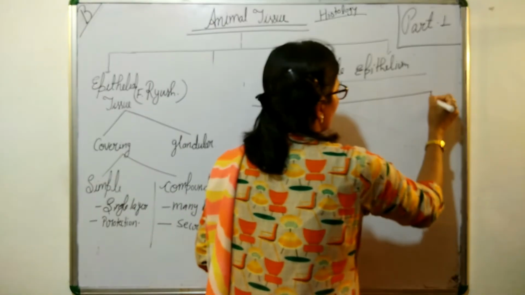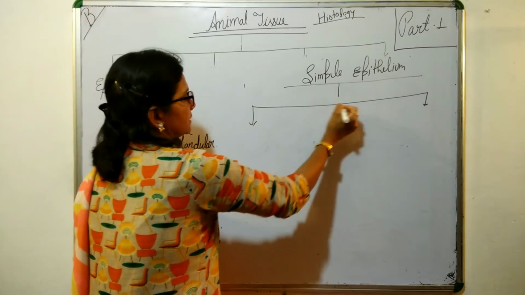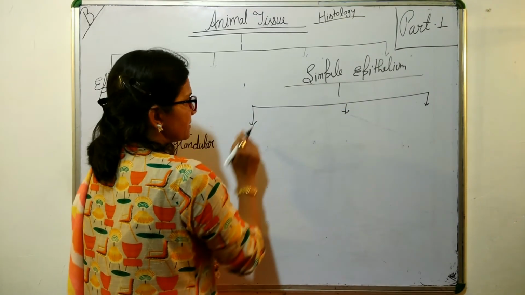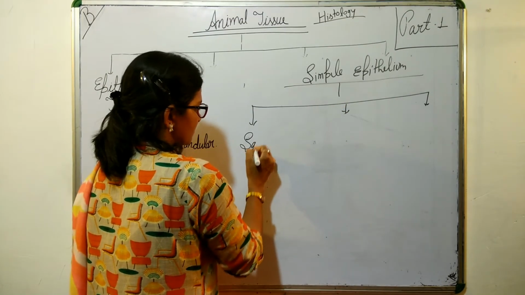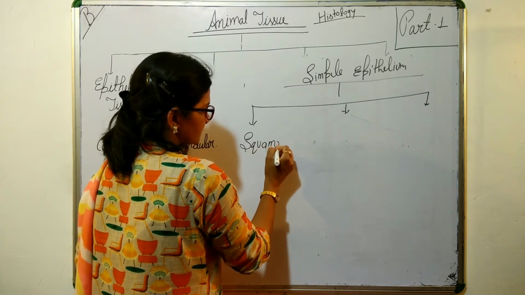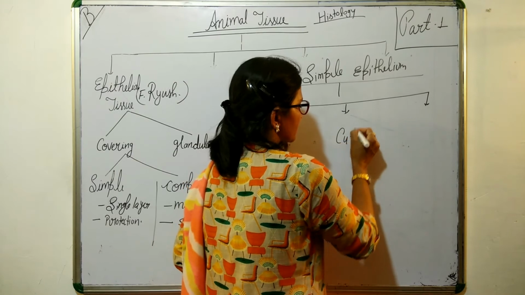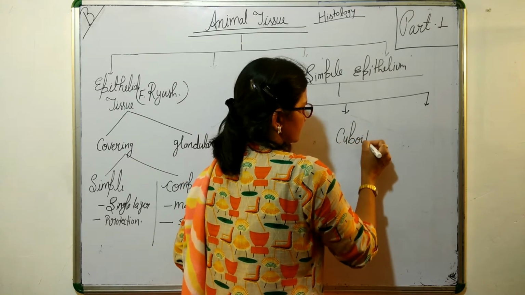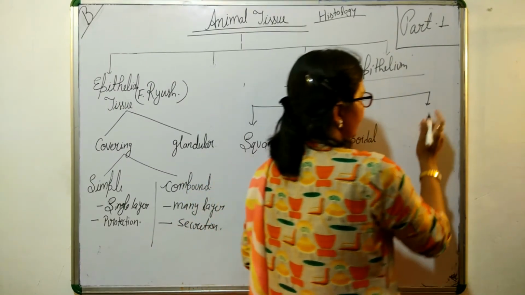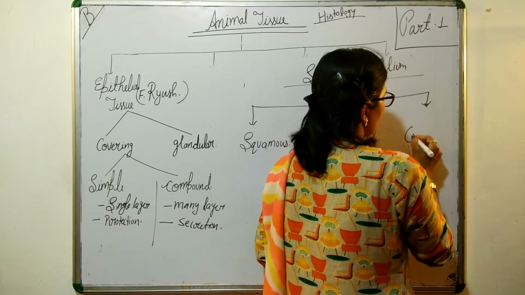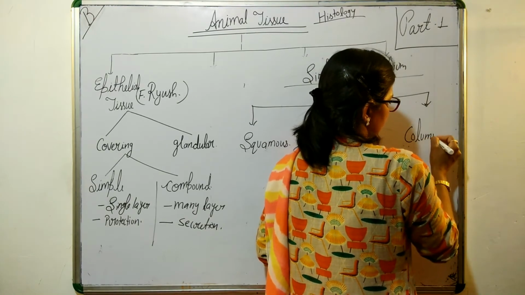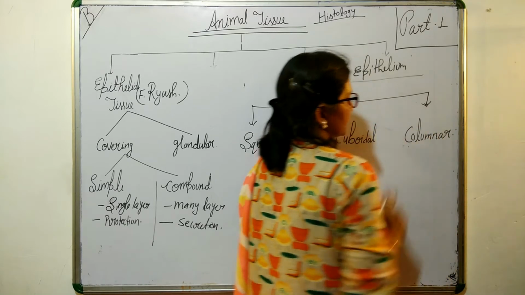The simple epithelial tissue is mainly of three types. First, simple squamous. Second, cuboidal, and third, columnar epithelial tissue.